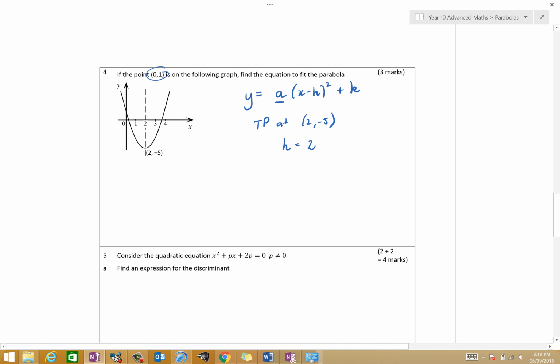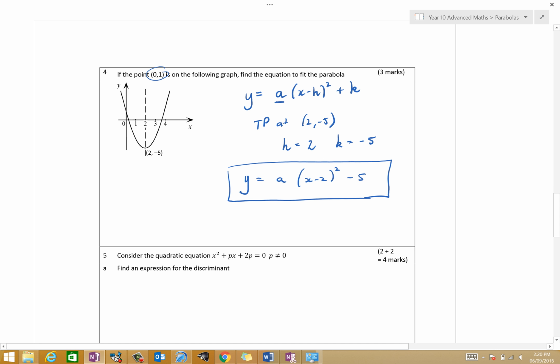Yeah, it's negative h, so h is 2 and k is equal to negative 5. Now let's plug that in. What we've got is y is equal to a, we don't know that, (x - 2)² - 5. That's what we know so far, and we just don't know what a is.